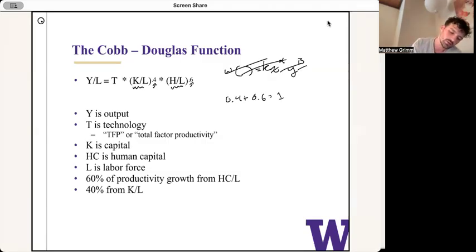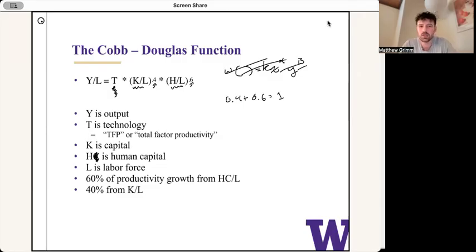And then typically we throw something in front. In this case, it's technology. So again, Y is output, T is technology, K is capital, H is human capital, which in this case we are just abbreviating by calling it H. L is the labor force. And then how do these 0.6 and 0.4 come about?